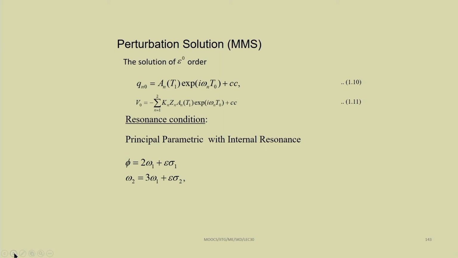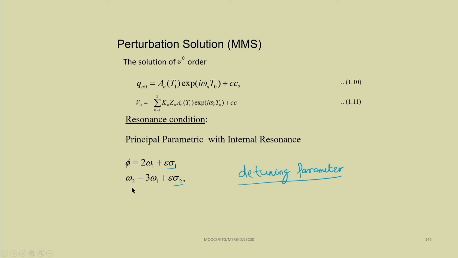Particularly if you are interested in the principal parametric resonance condition, we can have phi equal to 2 omega 1 plus epsilon sigma 1, and taking the internal resonance condition, omega 2 equal to 3 omega 1 plus epsilon sigma 2, where sigma 1 and sigma 2 are detuning parameters. The detuning parameter gives the nearness of the external frequency to twice the natural frequency.